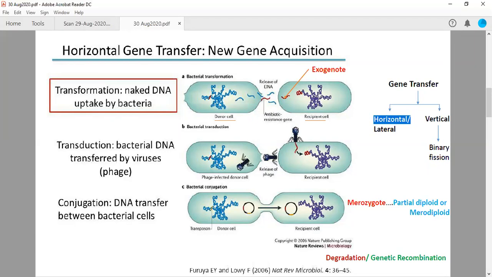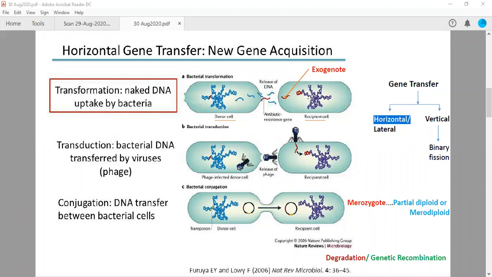The DNA coming from the donor cell into the recipient cell is called the exogenote, and the chromosome which the recipient cell possesses is called the endogenote.